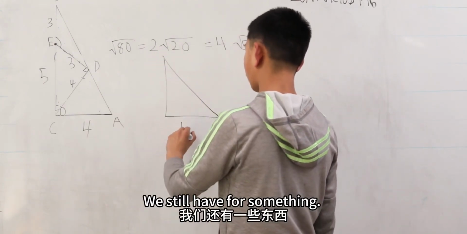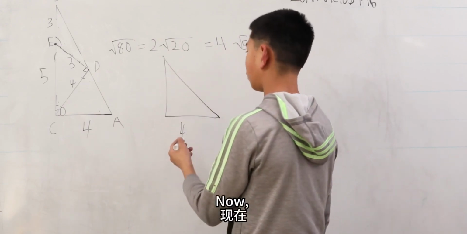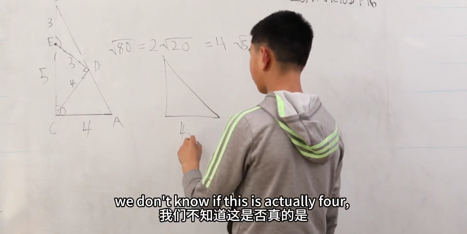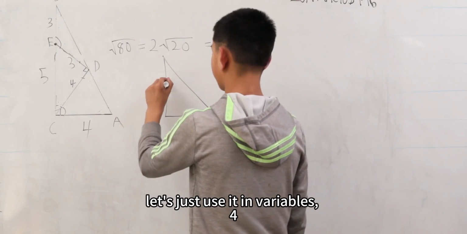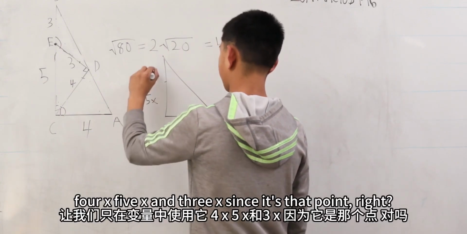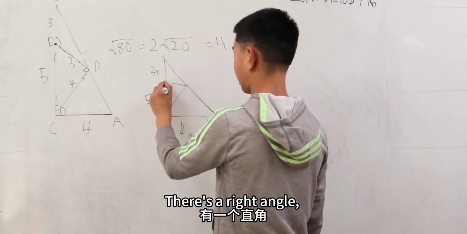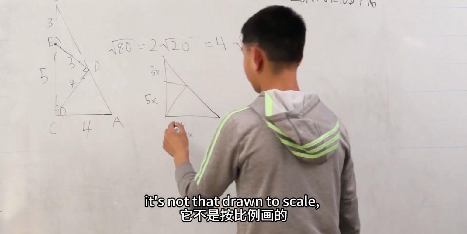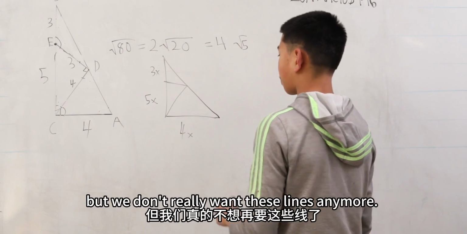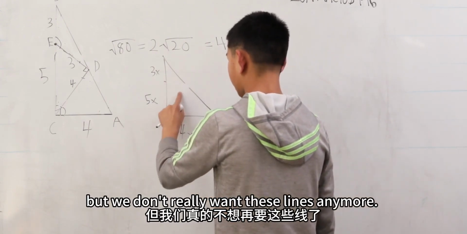We still have 4 something. Now, we don't know if this is actually 4, so let's just use variables, 4x, 5x, and 3x. Since there's a right angle at that point, it's not drawn to scale, but we don't really want these lines anymore.